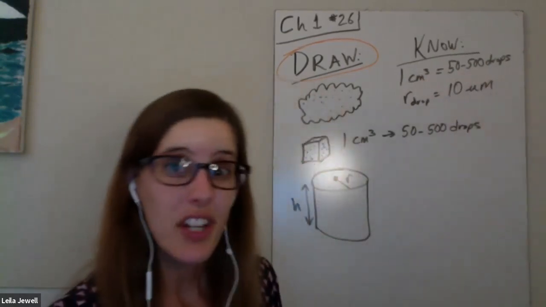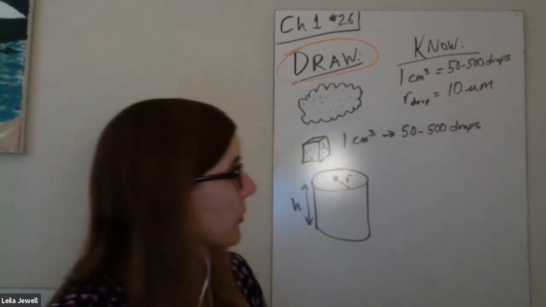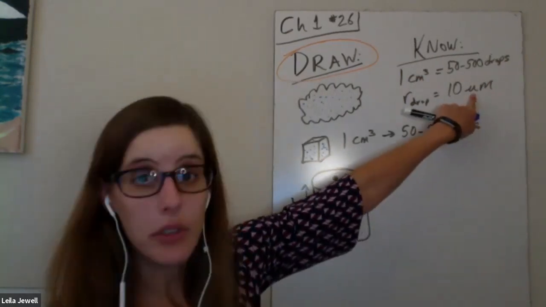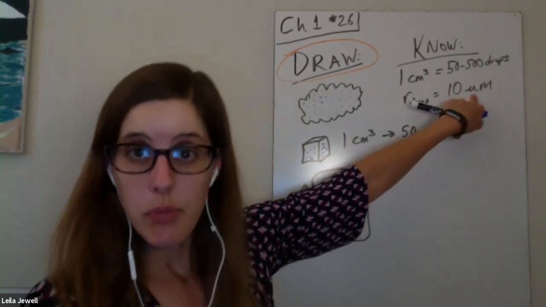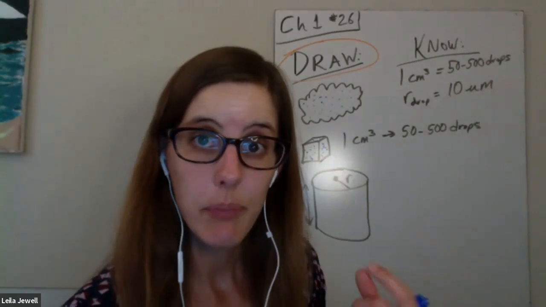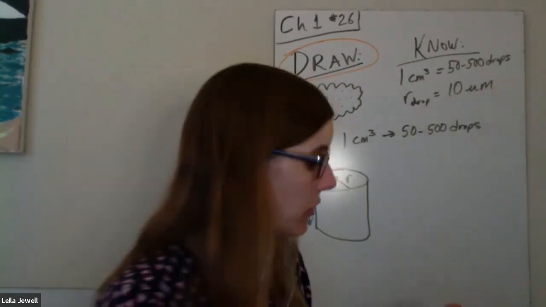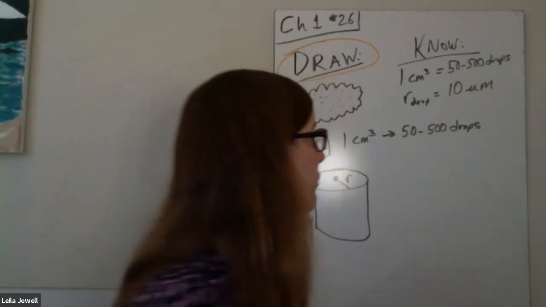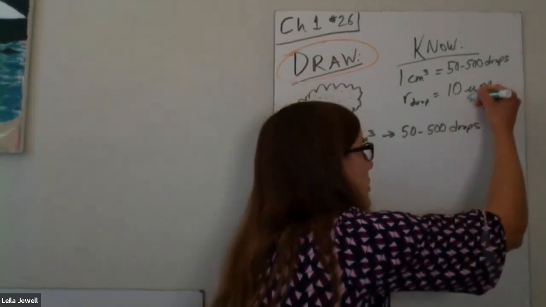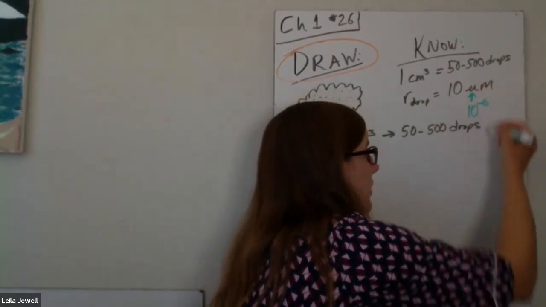Now notice that's not meters. Meters is our base unit. So before I go any further, I'm going to go ahead and convert this micrometer into just meters. And so micro, if you look back at that table that we had, micro is 10 to the minus 6. So what you can actually do is fill in that just this mu, the micro symbol, is 10 to the minus 6.